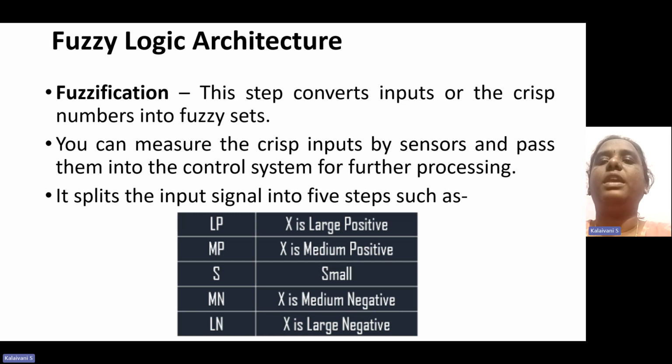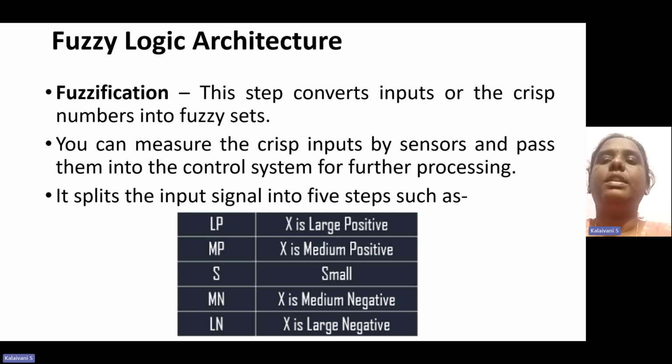Next comes the fuzzification. As I explained in the architecture, fuzzification consists of different sets in which the input will be fed on the corresponding class fuzzy set and the corresponding actions will be produced as a fuzzy input. This step converts crisp numbers into fuzzy sets by sensors and passes them to the control systems for further processing.